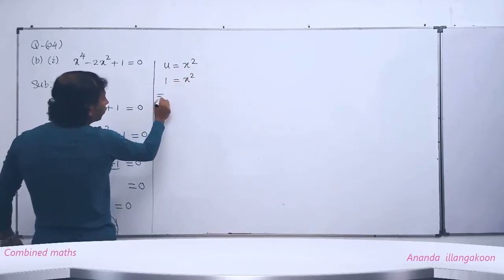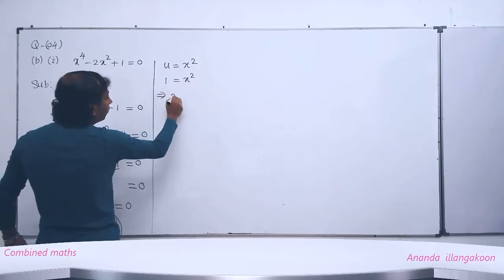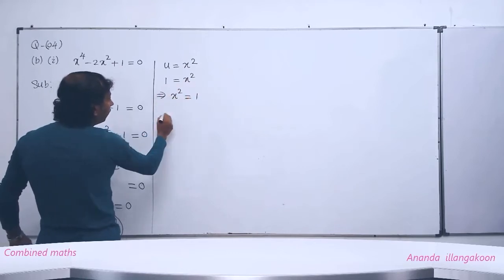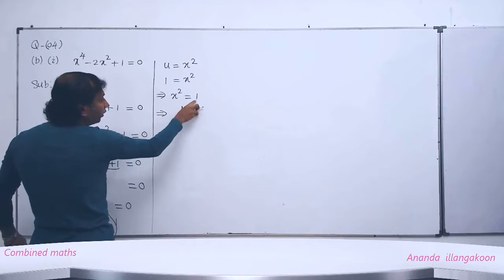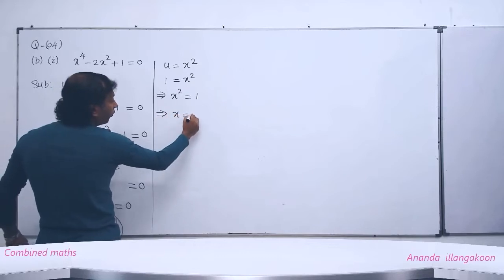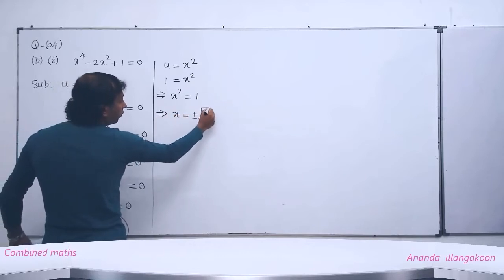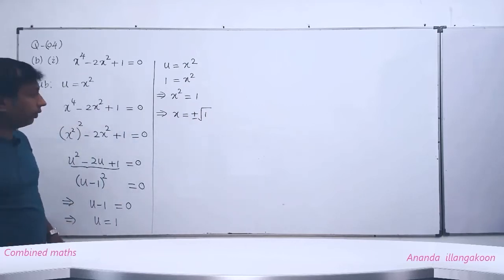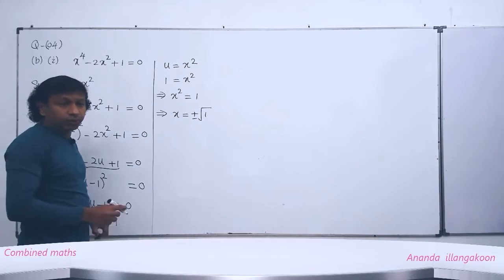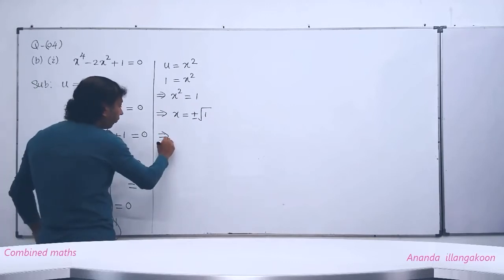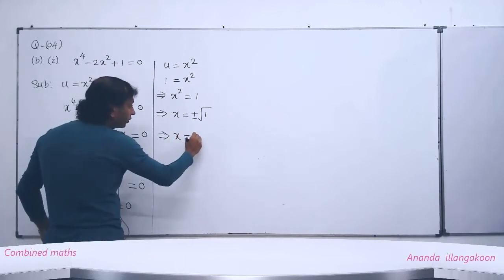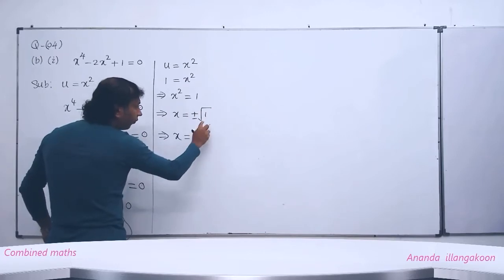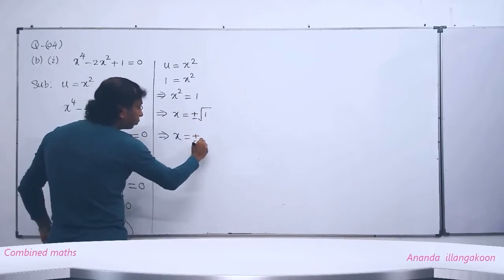Now 1 equals x squared means x squared equals 1. Take the square root of 1. We have to put plus or minus, you know, when we take the square root. X is plus or minus root 1. Root 1 is 1. Then x has two answers.